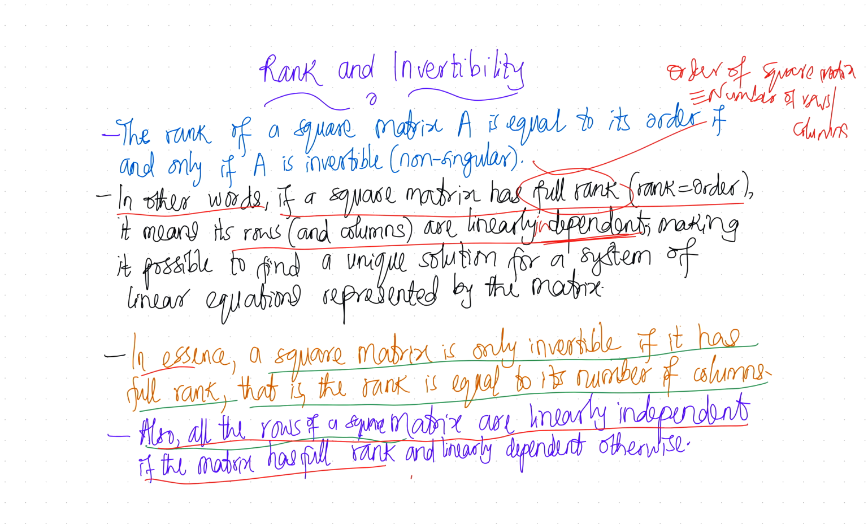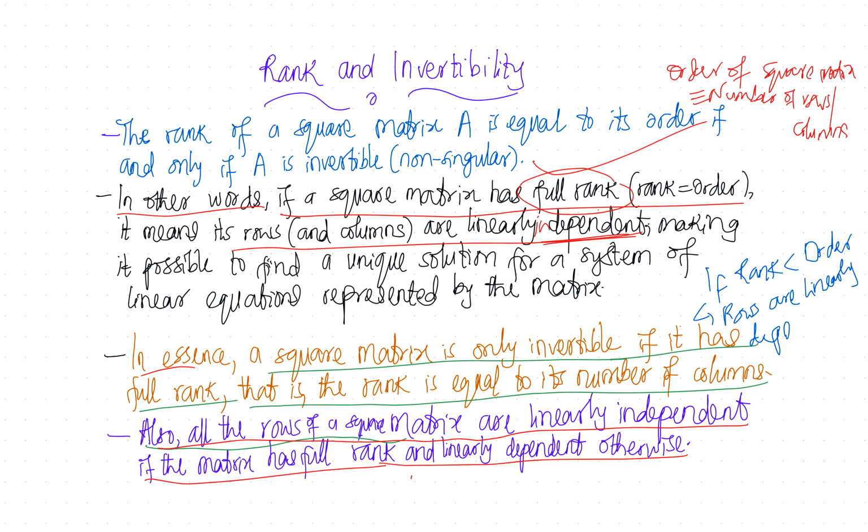So I can make a simple law here on the fly: if rank is less than order, and of course you already know that order is the number of rows or columns, it means that the rows are linearly dependent.